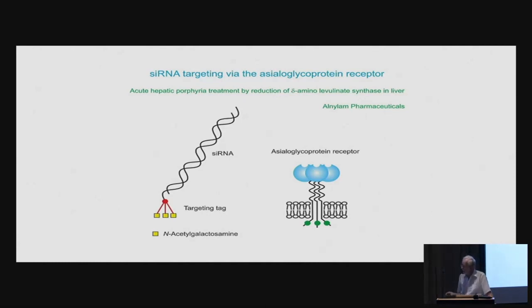I don't think they quite know why they put the 3 there. They put the 3 there because we drew this picture of the asialoglycoprotein receptor with 3 subunits. In fact, I don't think this ligand can bind into those 3 binding sites in the trimer. But the fact is it works. They did a lot of pharmacokinetics and came up with a tag that very nicely targets their thing to the liver.